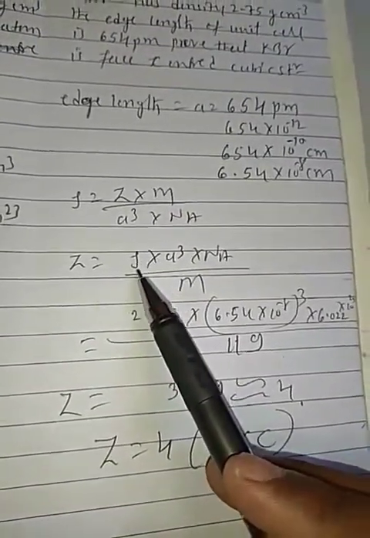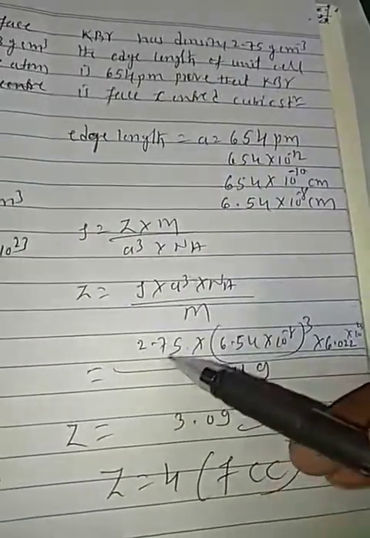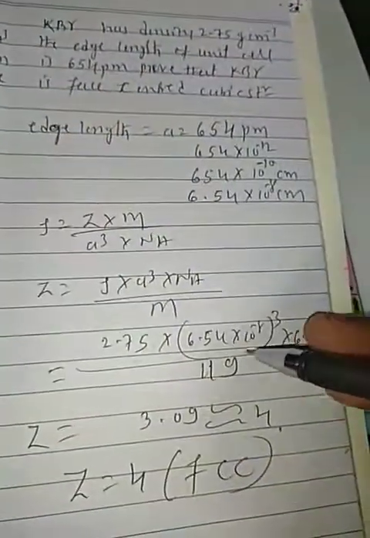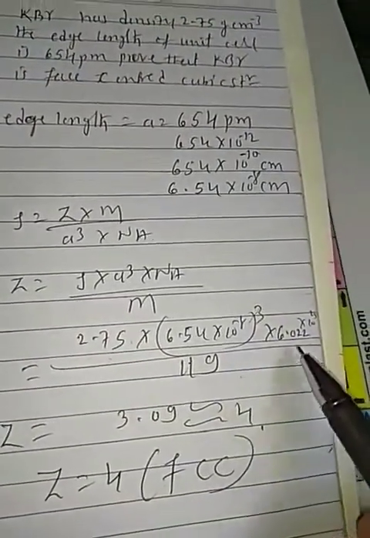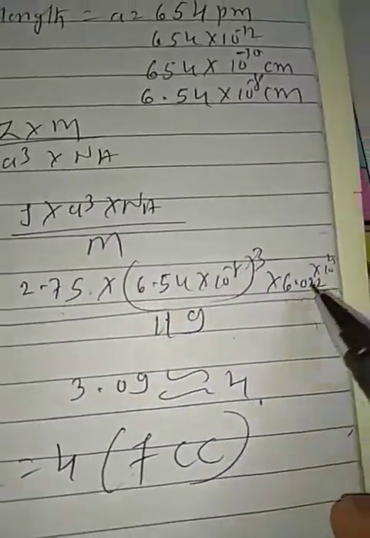Here the density is 2.75 gram. a³, the edge length, is 654 times 10 to the power of minus 8. Avogadro number is a constant, 6.022 times 10 to the power of 23.